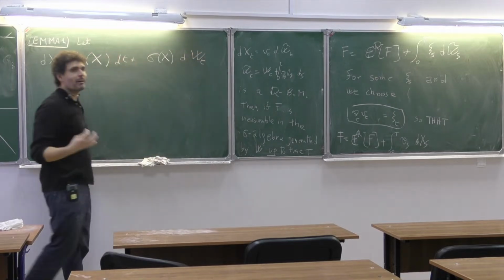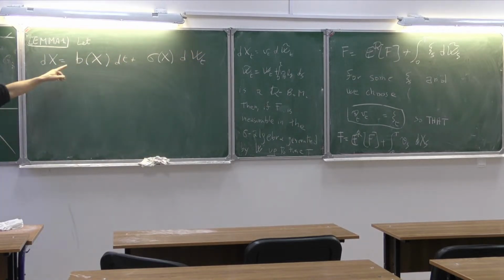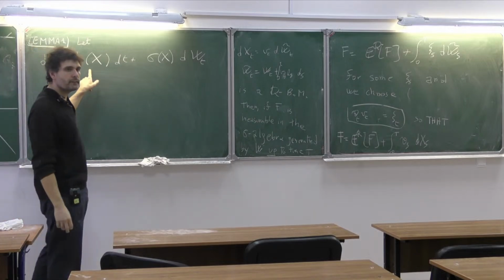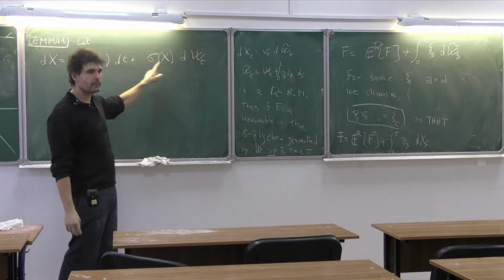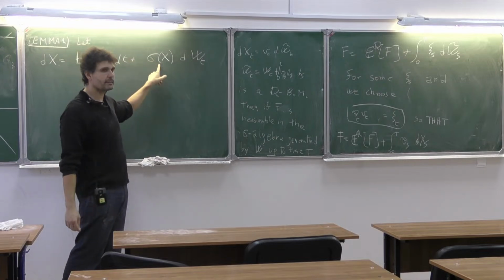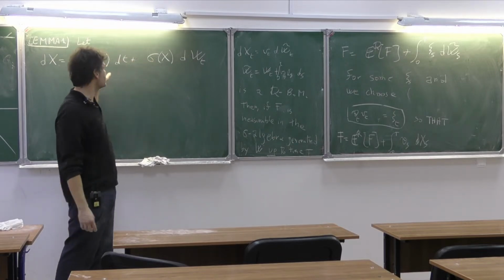So this is a special case of an Itô process. Here we could have any u of t and omega, any b of t and omega. Here, this vector and this matrix are functions of X itself.